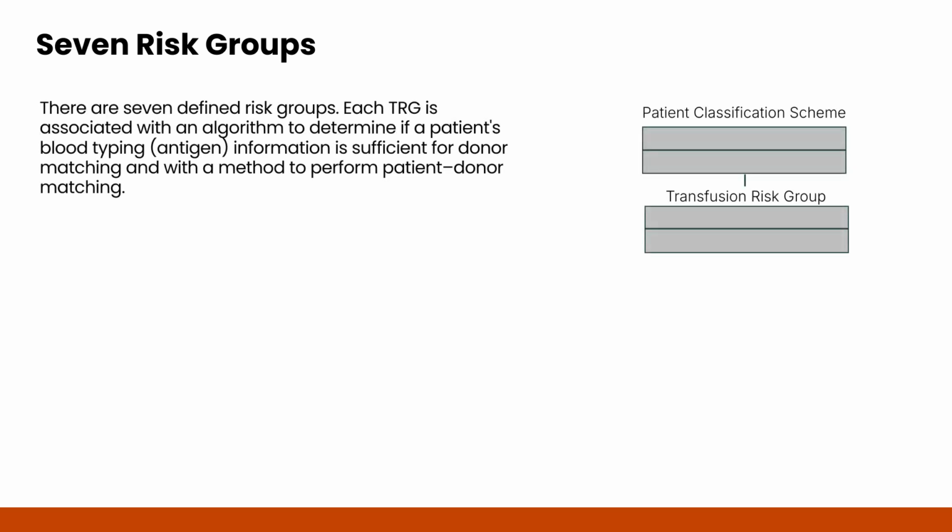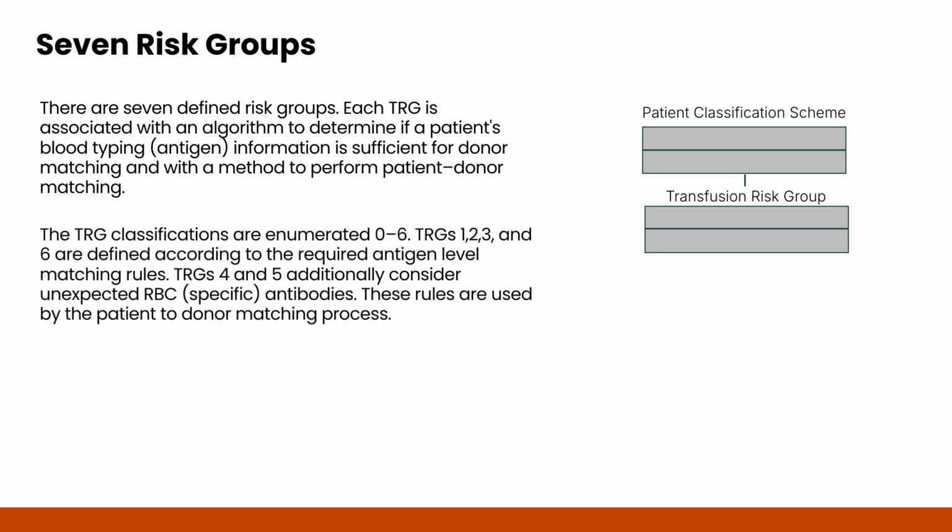Now, let's briefly discuss the defined risk groups and review a complete TRG classification chart. 7 risk groups. There are 7 defined risk groups. Each TRG is associated with an algorithm to determine if a patient's blood typing antigen information is sufficient for donor matching and with a method to perform patient-donor matching. The TRG classifications are enumerated 0 through 6.